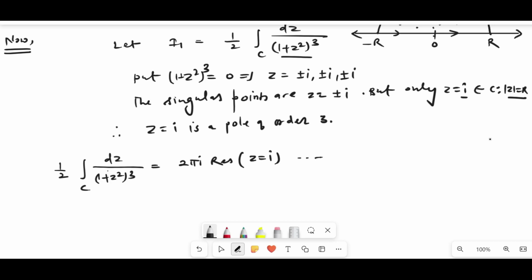and this is calculated by using Cauchy residue theorem.